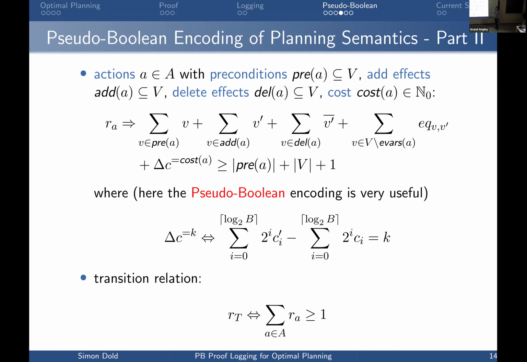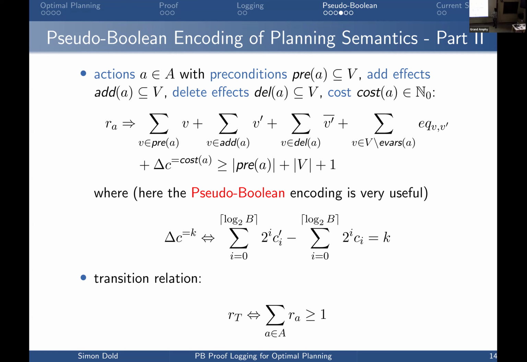And additionally, I have this cost. So I want to express that when I apply this action, then the resources I have spent tally up. And there I can fairly straightforwardly encode this in this Pseudo-Boolean encoding, similar to what Matthew did in his talk, by having the value of the bit representing its position.